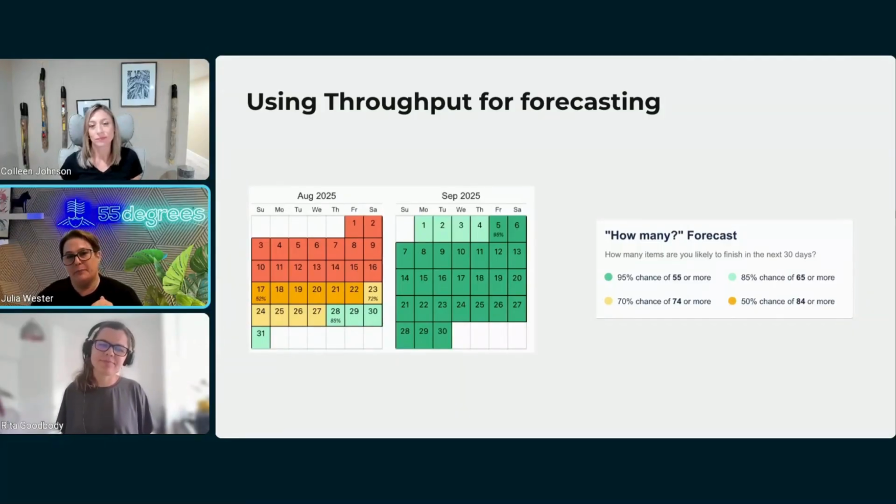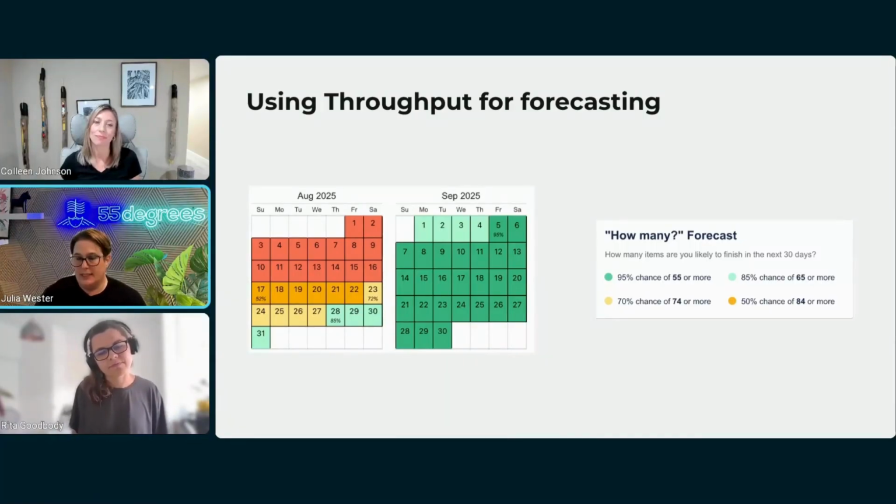And this is like the flow world's version of how we're forecasting for groups of items. In the Kanban guide and whatnot, we are using throughput instead of velocity.